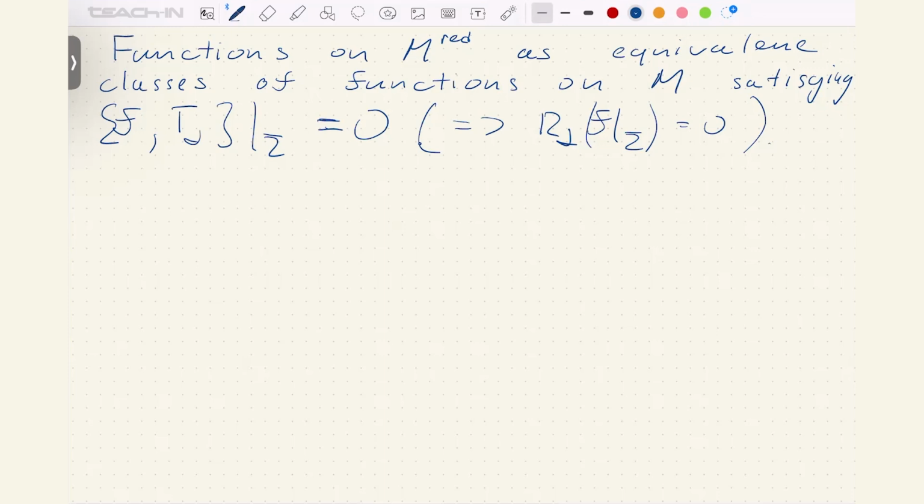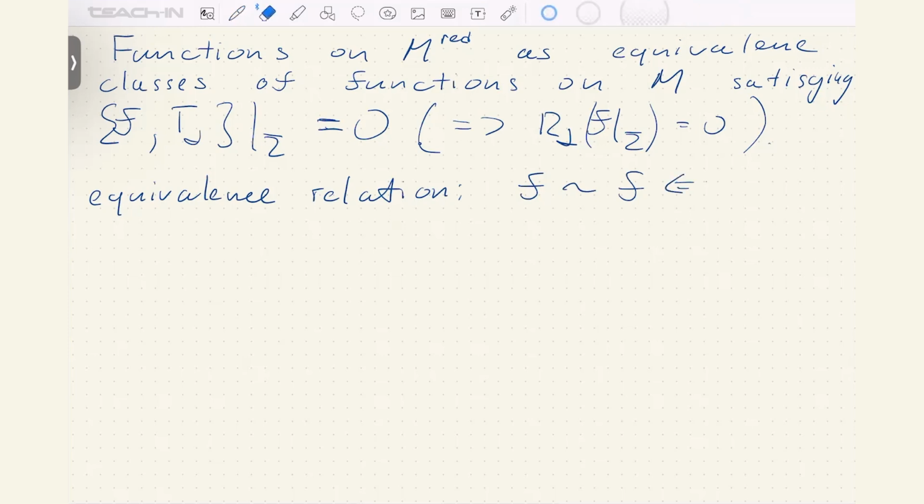So in addition to this condition, we need to introduce equivalence relation. That f is equivalent to g if f on sigma is g on sigma. So sometimes it's called subquotient, right?